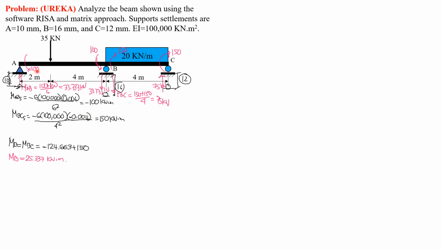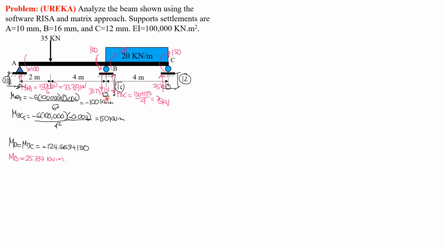So these are the fixed end forces. Negative 100 from slope deflection equation is counterclockwise, but in the universal sign convention, remember, counterclockwise is positive. But these are fixed end moments or fixed end forces.